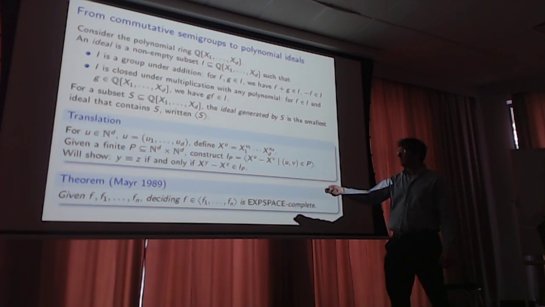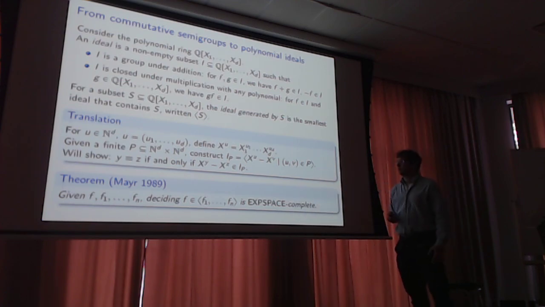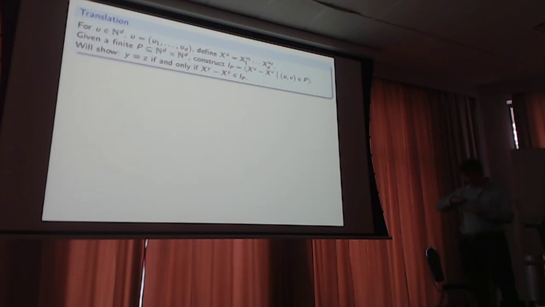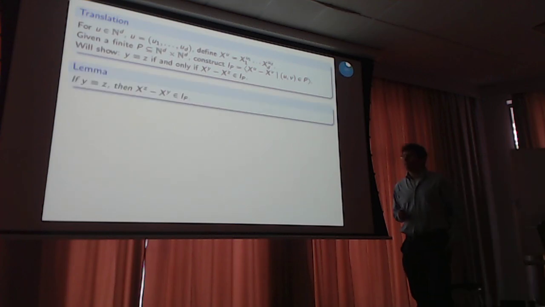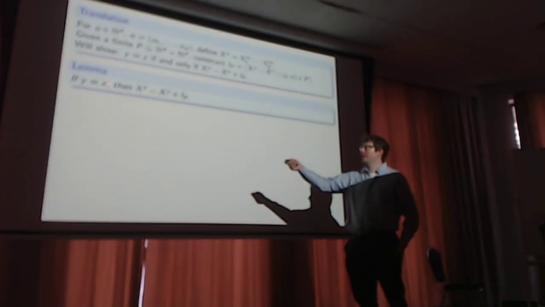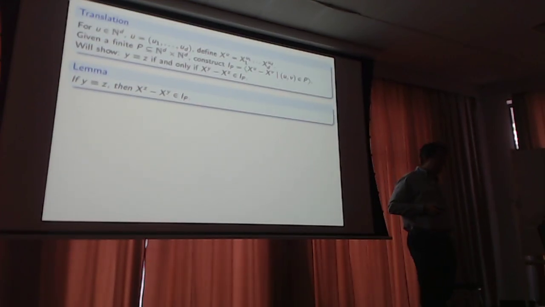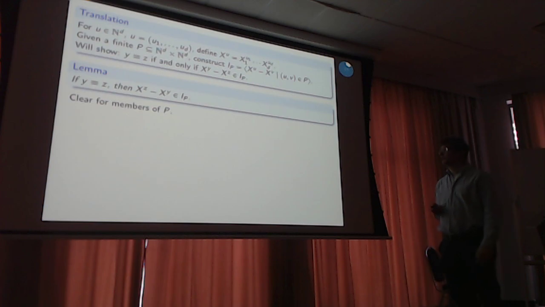And I thought it would be nice to see how this is shown. All right, so one direction is easy. If you can go from y to z, then the difference polynomial is in the ideal. That's really direct.